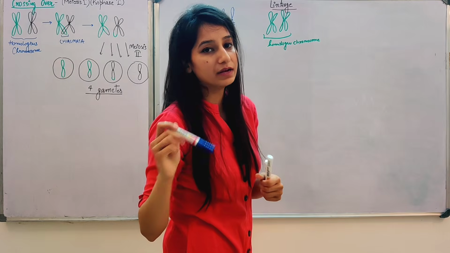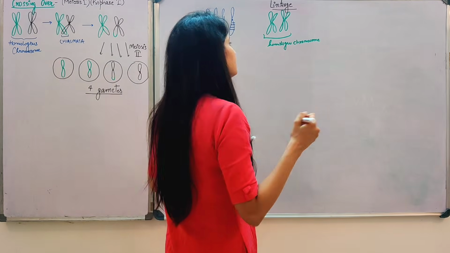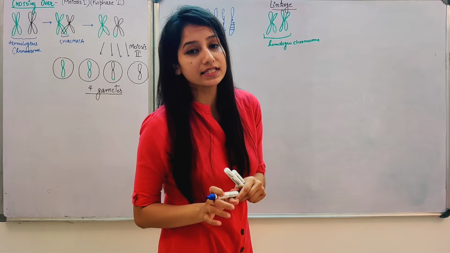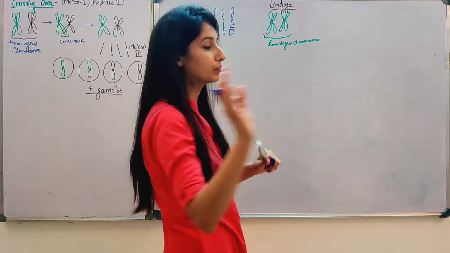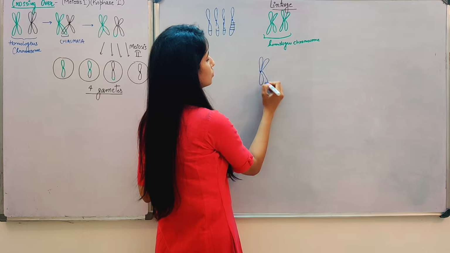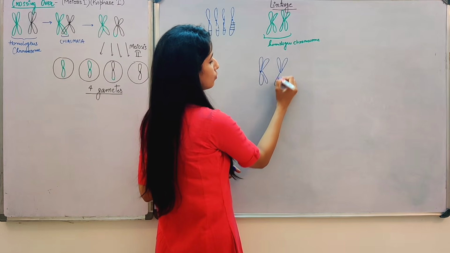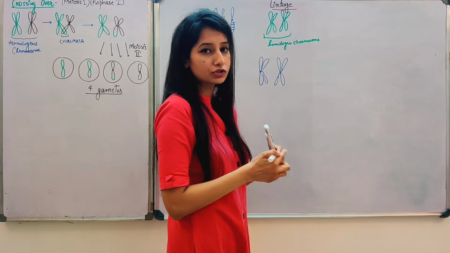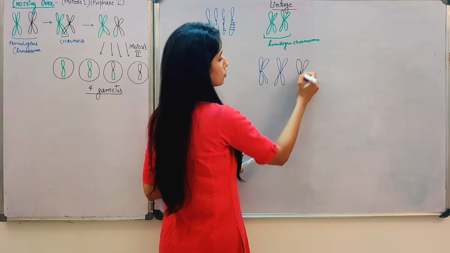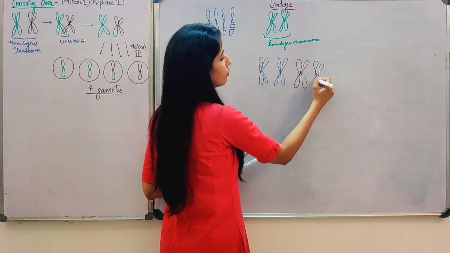We'll consider A and B genes. Now I am saying that A and B genes both are present on the same chromosome. Previously what we have seen is that this chromosome and this chromosome are the 2 homologous chromosomes, and then one more pair of homologous chromosomes.